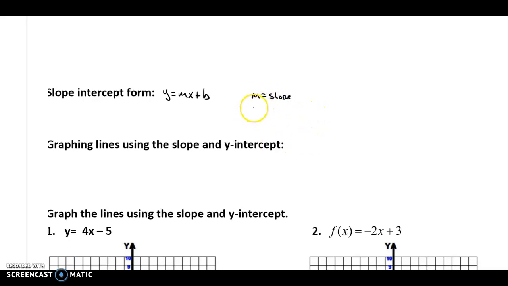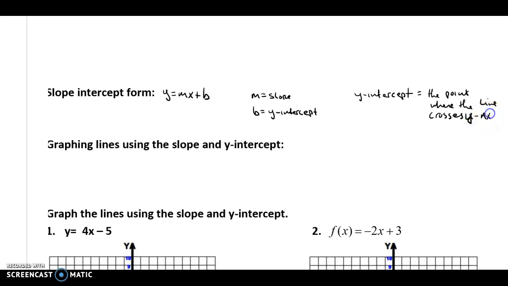The b is what we call the y-intercept. Now the y-intercept, just to let you know, equals the point where the line crosses the y axis.